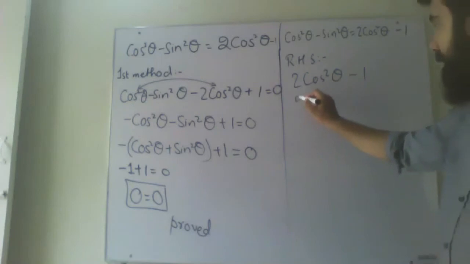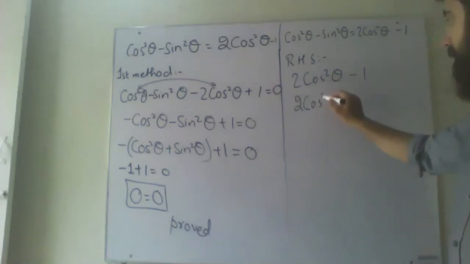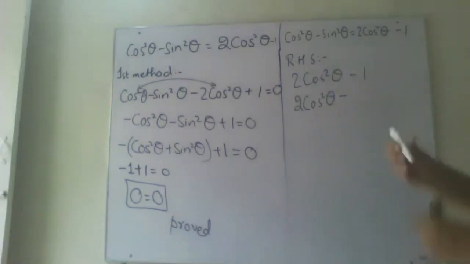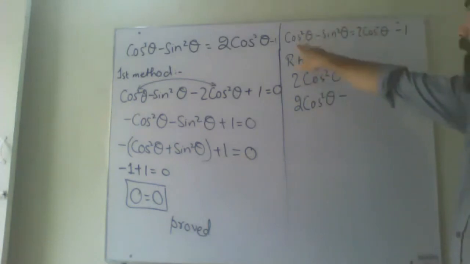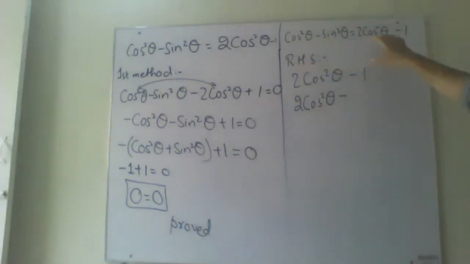Now analyze this whole thing. Cos square is there, sin square is there, cos square is there, and 1 is there. This 1 can be turned into any squaring identity. You can check in all three identities which I have given you.